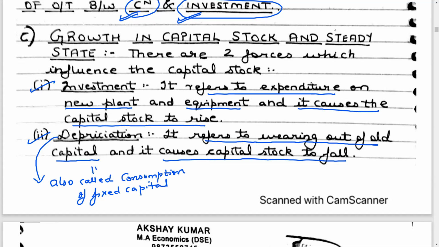Okay, so students should not get confused between depreciation and destruction of capital. Destruction of capital is an abnormal situation. Suppose there's a natural calamity. A natural calamity will cause destruction of capital. Depreciation is not an abnormal situation.